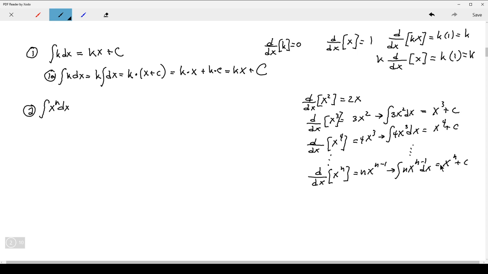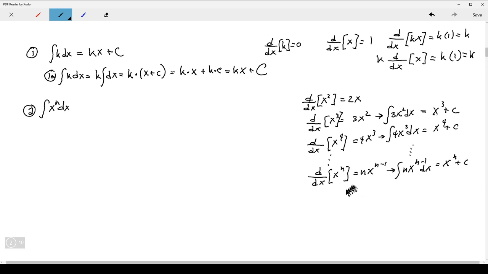The n has to go away, and the n minus 1 has to turn into an n, so I'm adding 1. So the basic pattern here is, I add 1 to the exponent. 2 becomes 3, and then I divide by that new exponent.